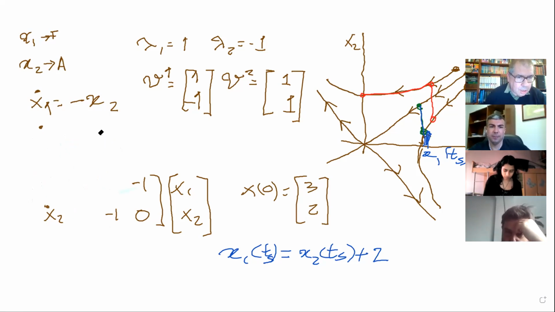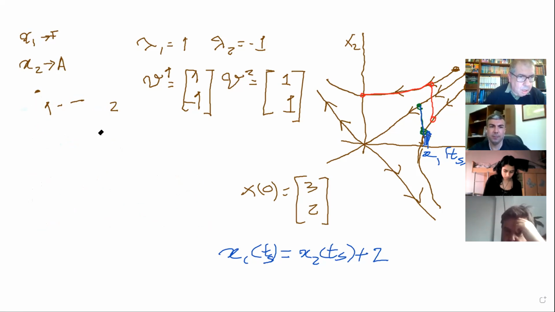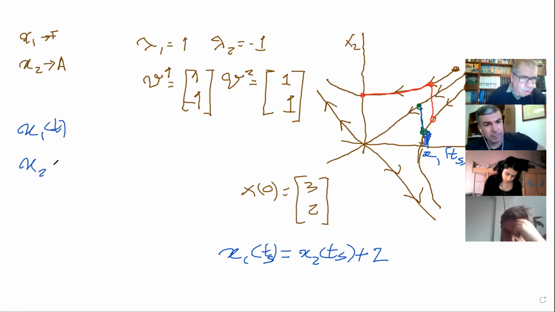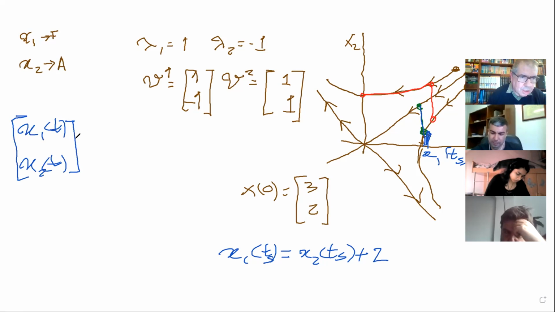Also this stuff here. What we know is that x1 of t and x2 of t, what is the expression of the solution of the equation?